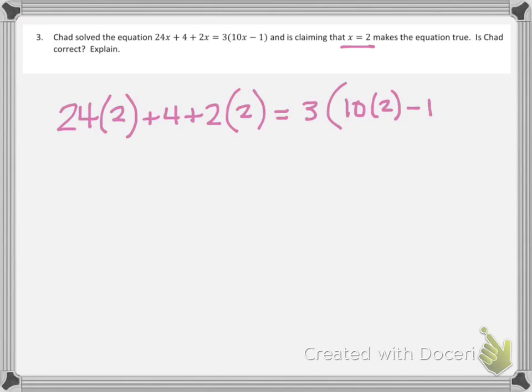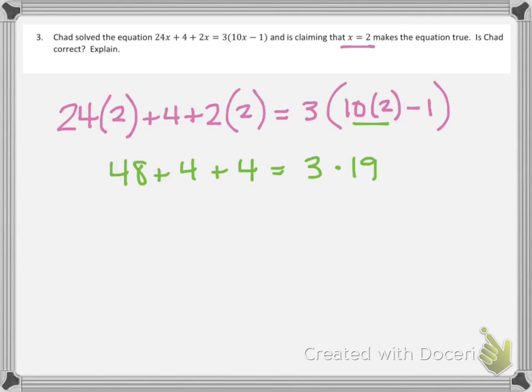minus 1. Okay, and then we simplify. And let's see, order of operations has to be followed here. So 24 times 2, that's 48, plus 4, plus 2 times 2 is 4, is equal to, we have to do the inside the parentheses first, so 10 times 2 is 20, and 20 minus 1 is 19, so we have 3 times 19.